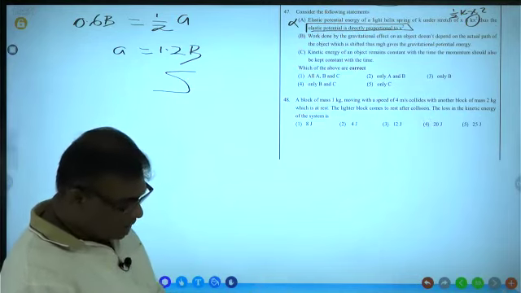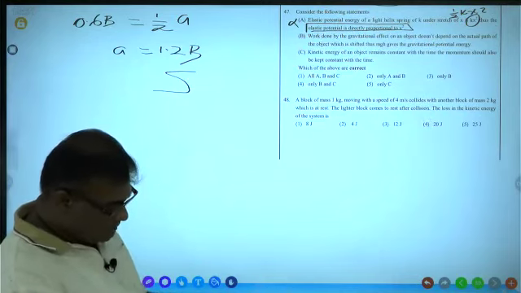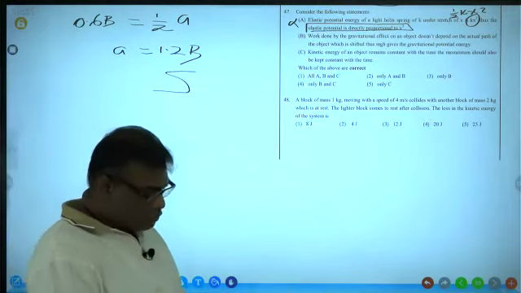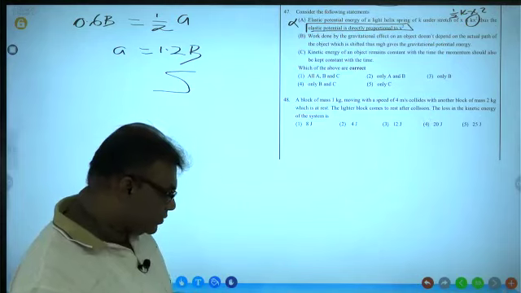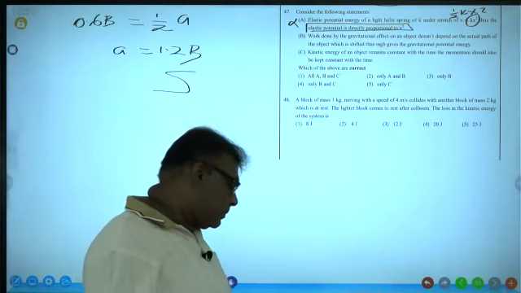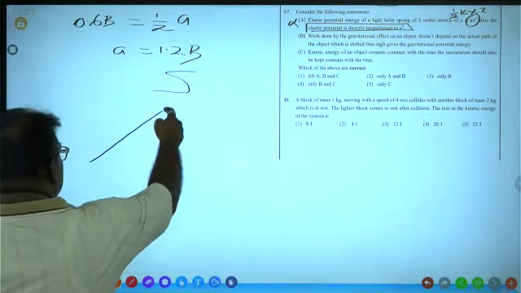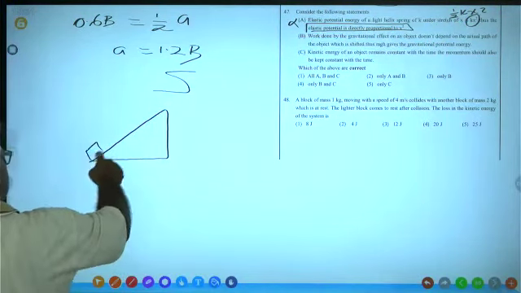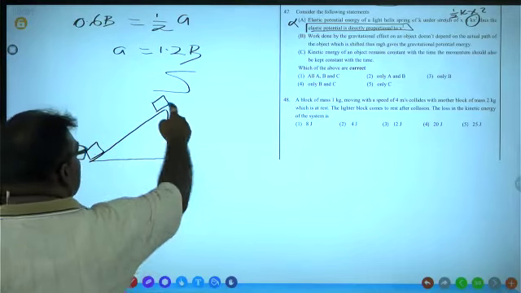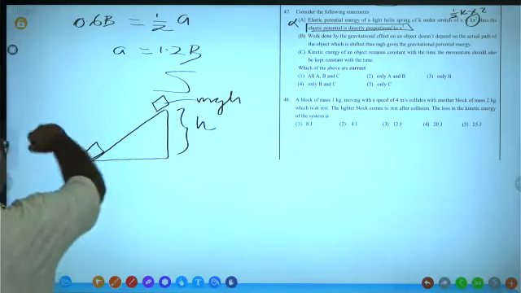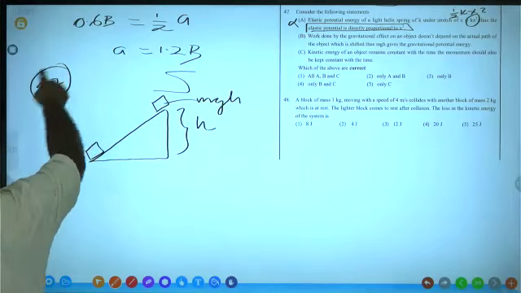Work done by the gravitational effect on an object doesn't depend on the actual path of the object which is shifted. Thus, mgh gives the potential energy. If it is an inclined plane like this, the object moves from here to here. Potential energy is written as mgh, where this is the vertical height.